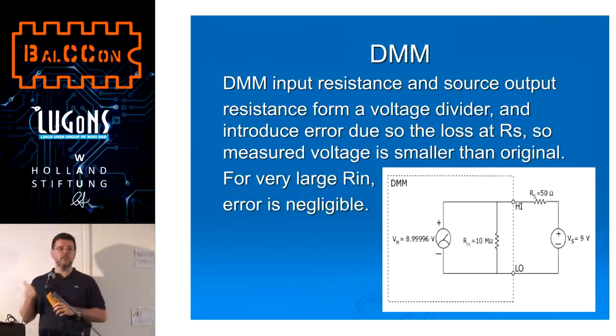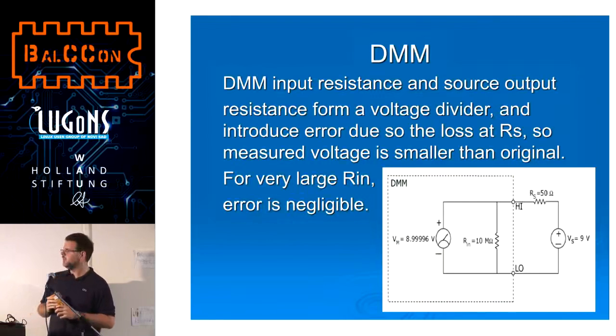You're actually lowering the voltage that you are measuring. If you have high input resistance, that error is very, very small. Analog multimeters have smaller input resistance and introduce much larger error, for instance.